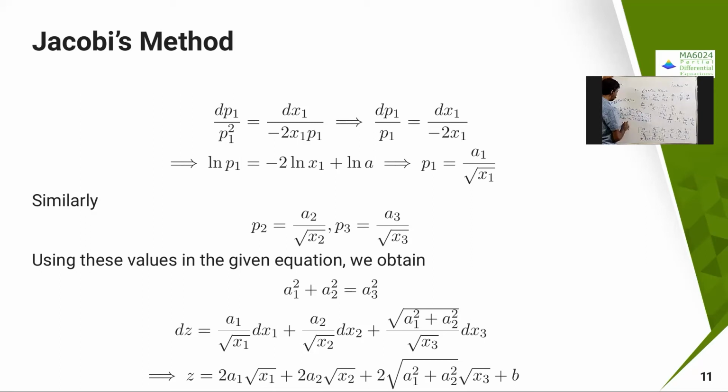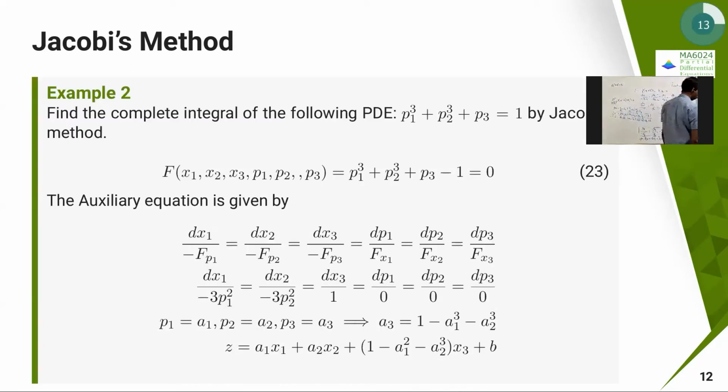So three parameters I have to make, and because of this constraint, I get the three parameters. You have to remember that every time you should have only three. If it is an n variable problem, you should have n parameters only. n constants should come for the complete integral. If you got more than that, then that is not the complete integral.